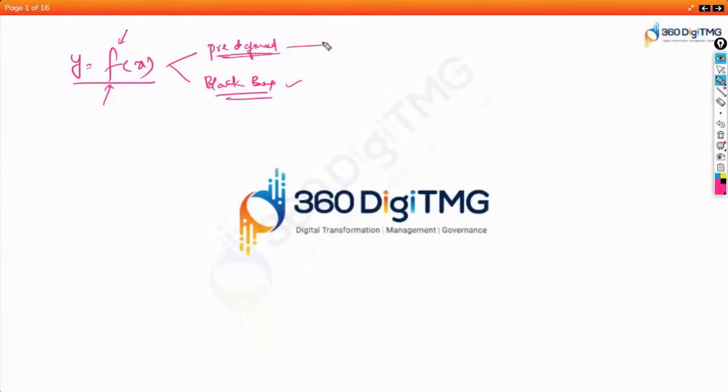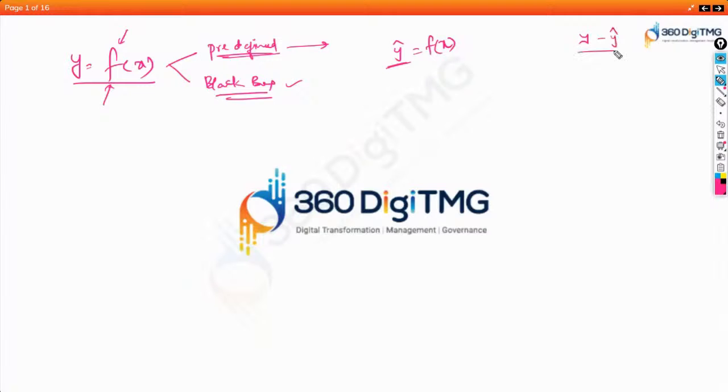And these predefined equations, there are n number of different equations. We will try to fit in those equations to the given data and see whether the equation can actually explain the relationship or not. That means if I substitute x into the equation, then I should get y. But this y may be deviated from the original value. The original value is y.